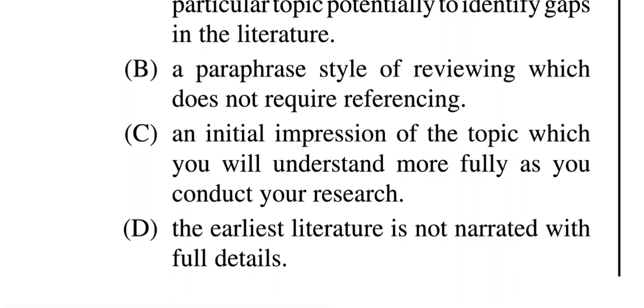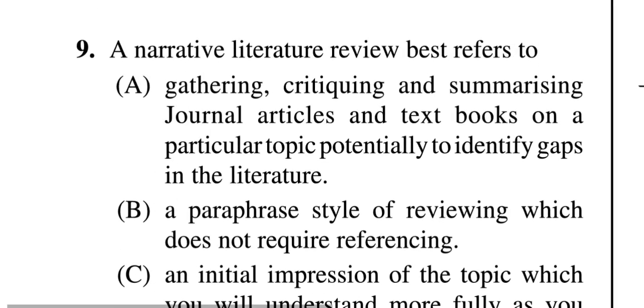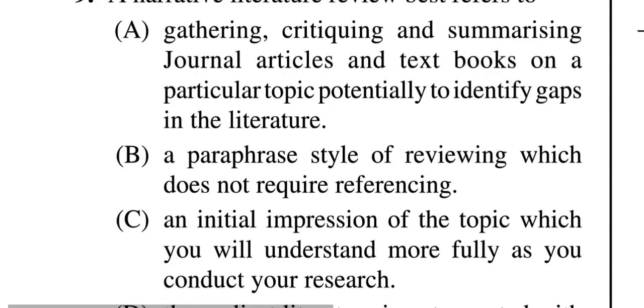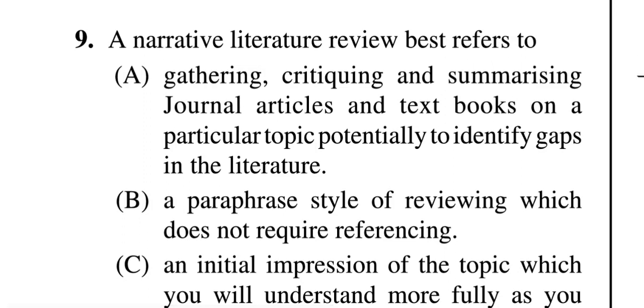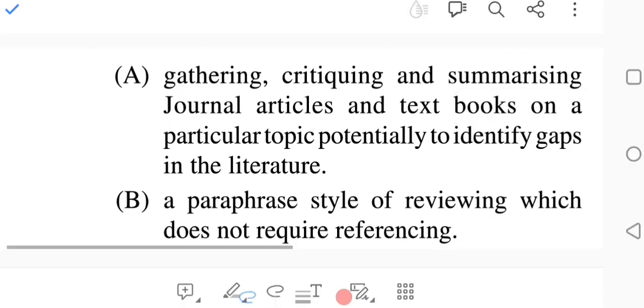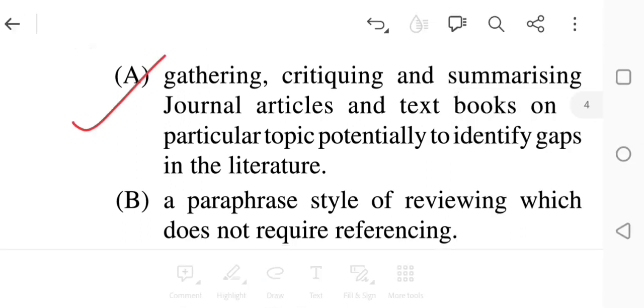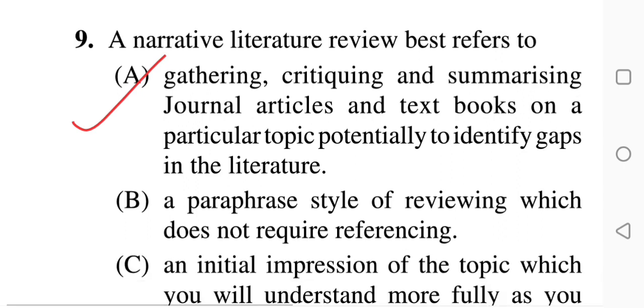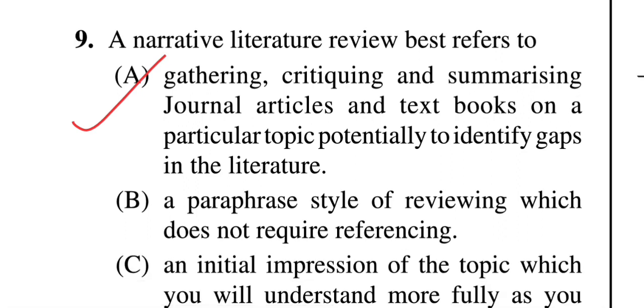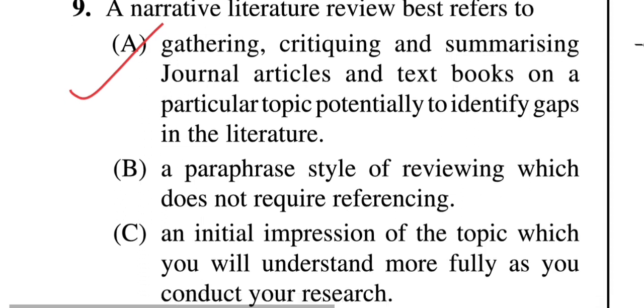C, an initial impression of the topic which you will understand more fully as you conduct your research. D, the earliest literature is not narrated with full detail. So question number 9's correct answer is A, that is a narrative literature review best refers to gathering, critiquing and summarizing journal articles and books on a particular topic potentially to identify gaps in the literature. That is called a narrative literature review.